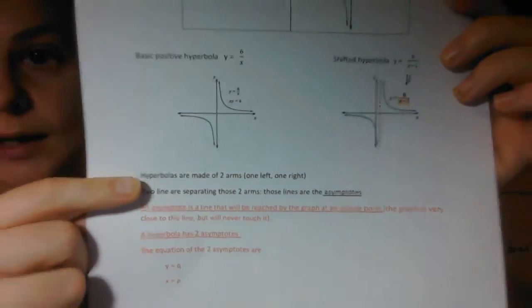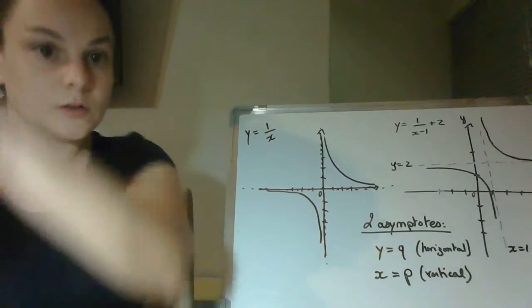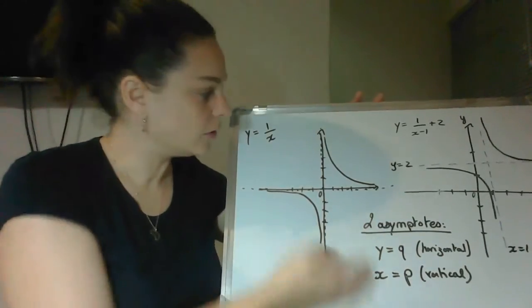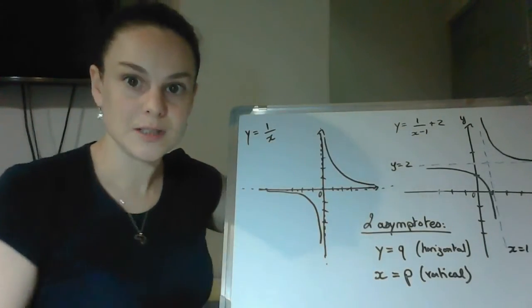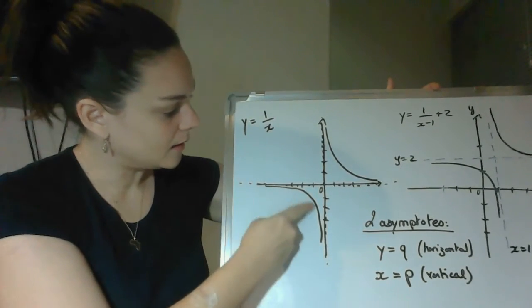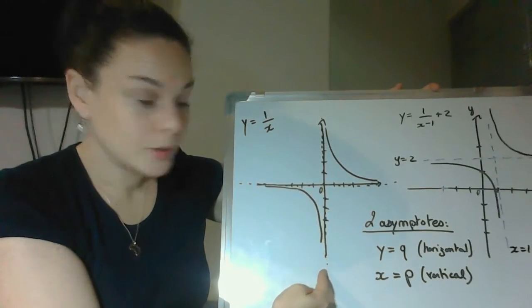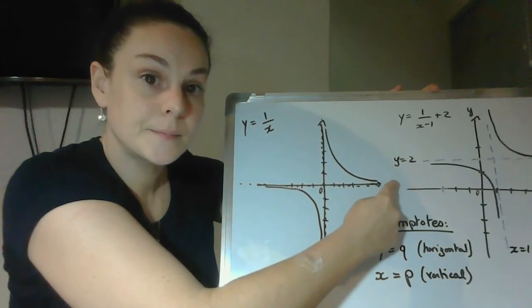So, a hyperbola is made of two arms. In the other graph that we saw, it was only one continuous line, but for a hyperbola, you've got two arms. You've got one left part, a jump, and a right part.